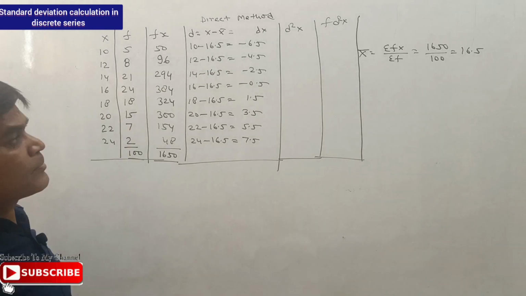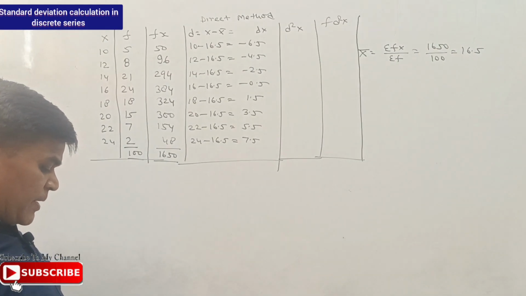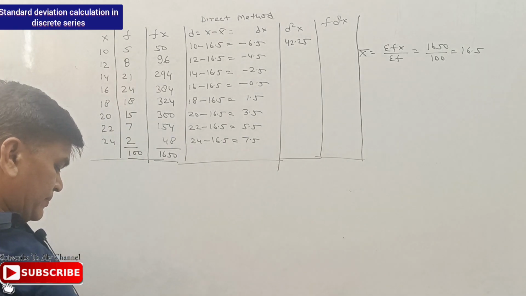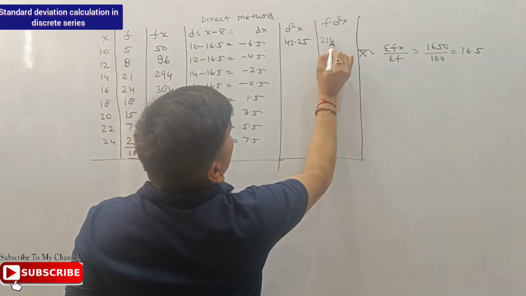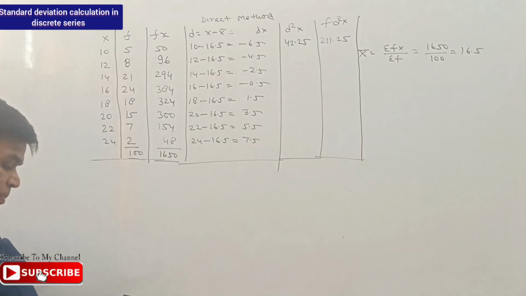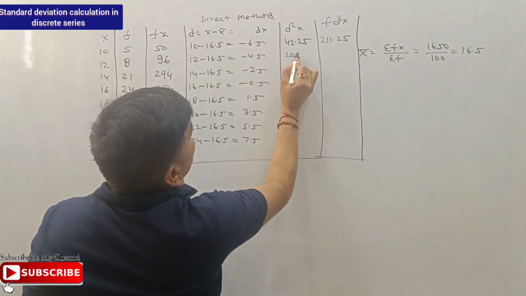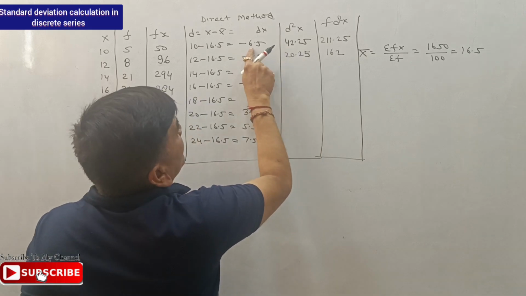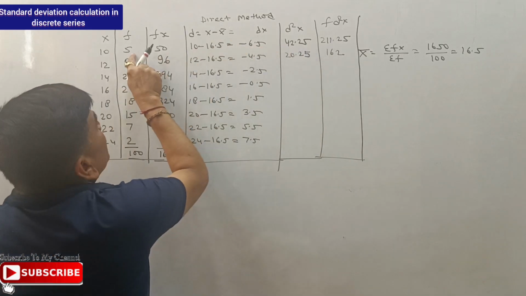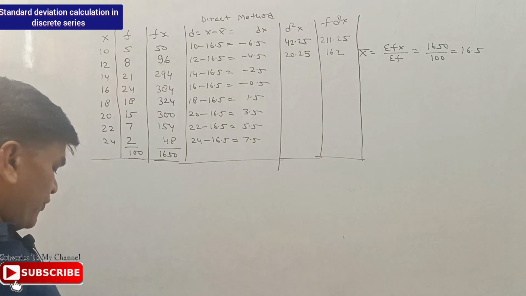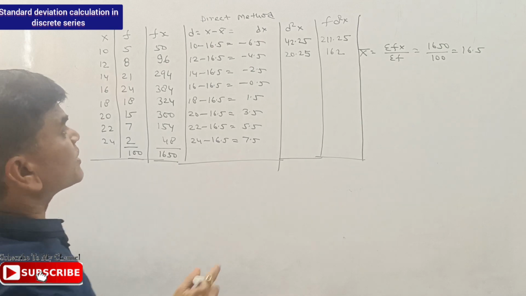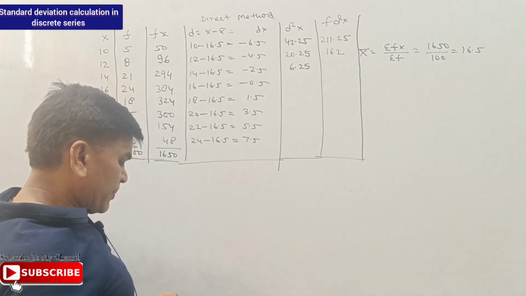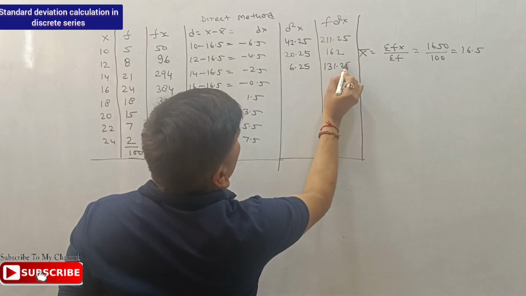So the value of d square: 6.5 multiplied by 6.5 is 42.25, multiplied by 5 is 211.25. 4.5 multiplied by 4.5 is 20.25, multiplied by 8 is 162. First I am getting the square, and then multiplying by f. 2.5 multiplied by 2.5 is 6.25, multiplied by 21 is 131.25.